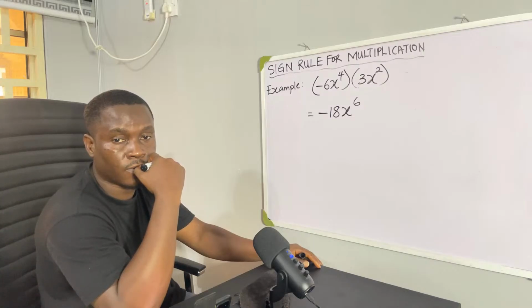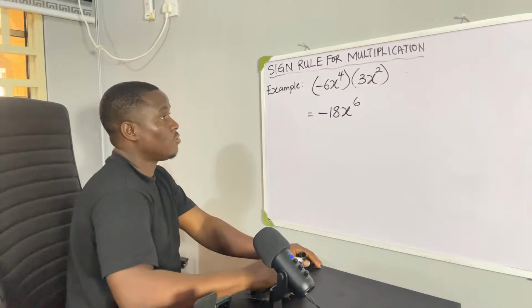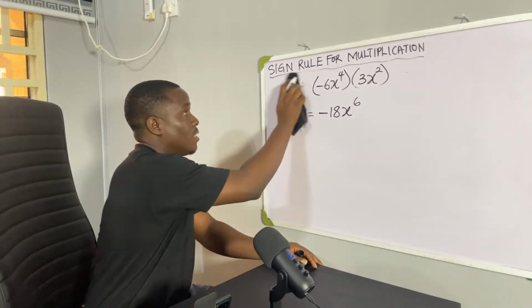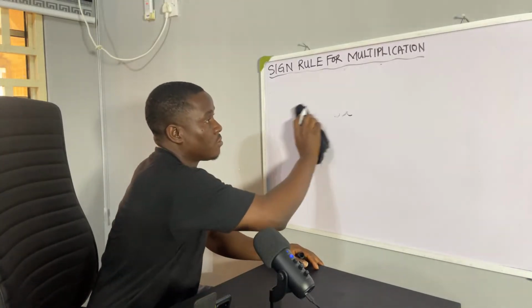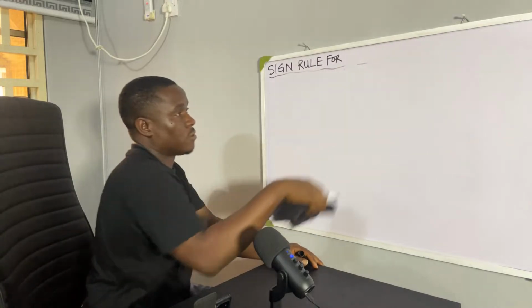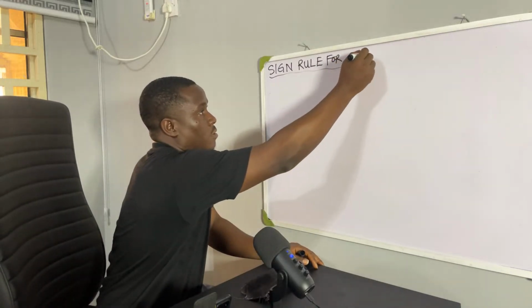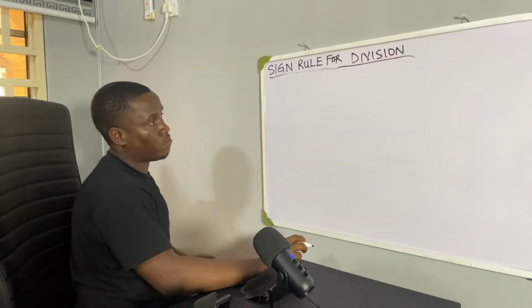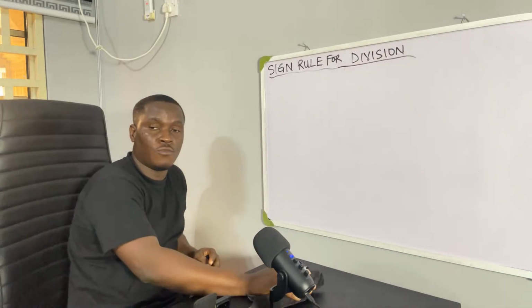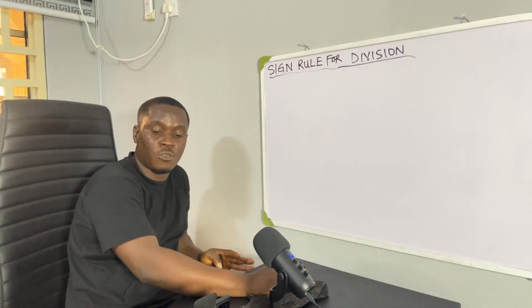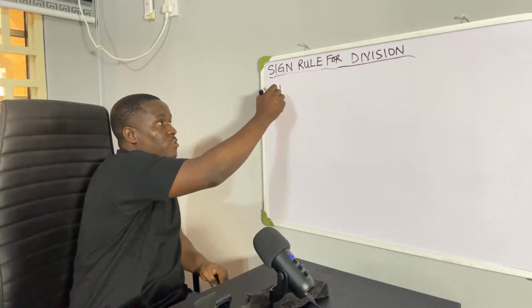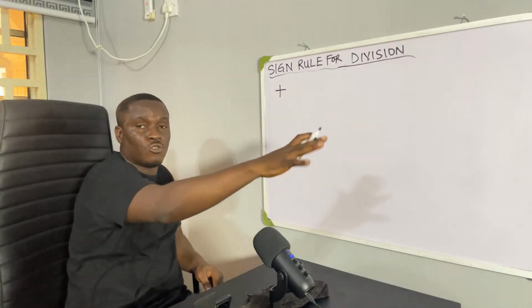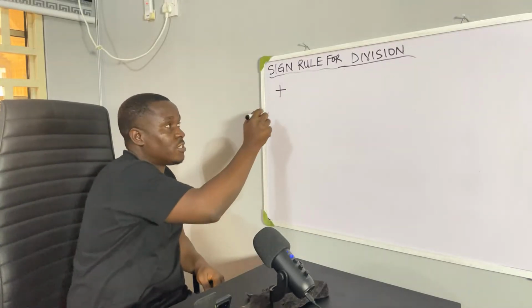Let's look at the sign rule for division. The sign rule for division is similar to the sign rule for multiplication. We're just going to put the signs.